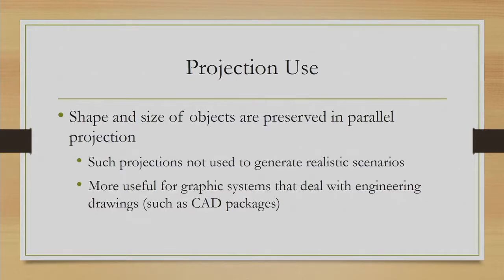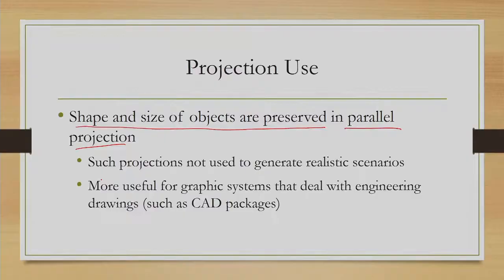On the other hand, in case of parallel projection, the shape and size of the objects are preserved, they do not change, unlike in perspective projection. As a result, parallel projections are not suitable for giving us realistic images. If we use parallel projection to generate a scene, it would not look realistic, so it is not used for realistic 3D.